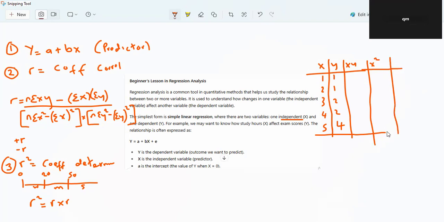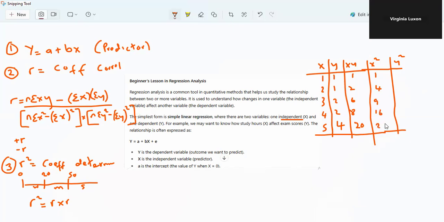Multiplying column X and column Y: 1, 2, 6, 8, 20. And then X squared: 1, 4, 9, 16, and 25.